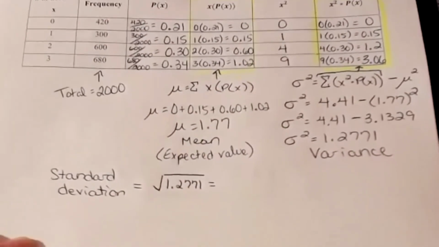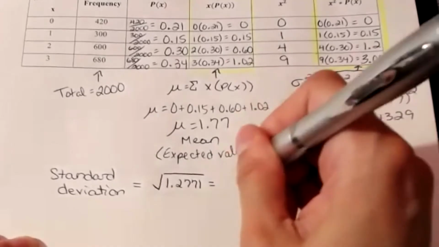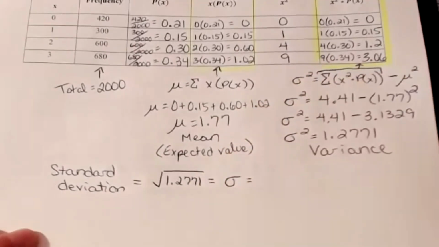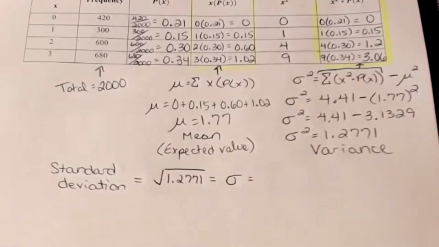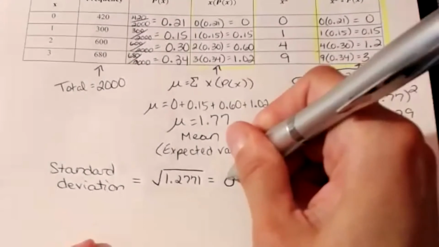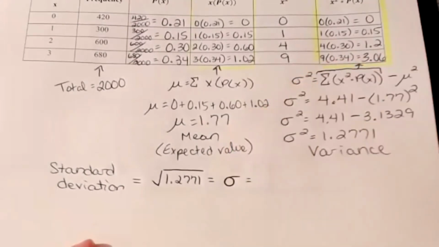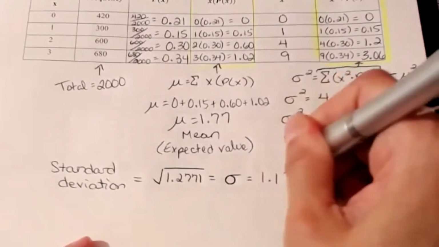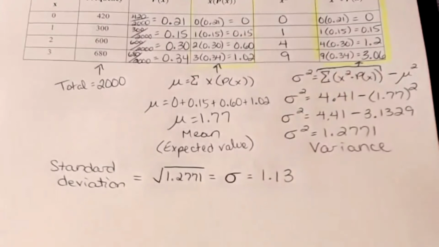Would you please provide the standard deviation to me to 2 places after the decimal? When you take the square root, 1.13. Yes, perfect. Thank you, Kelly. Thank you, Angelica. 1.13 is correct.